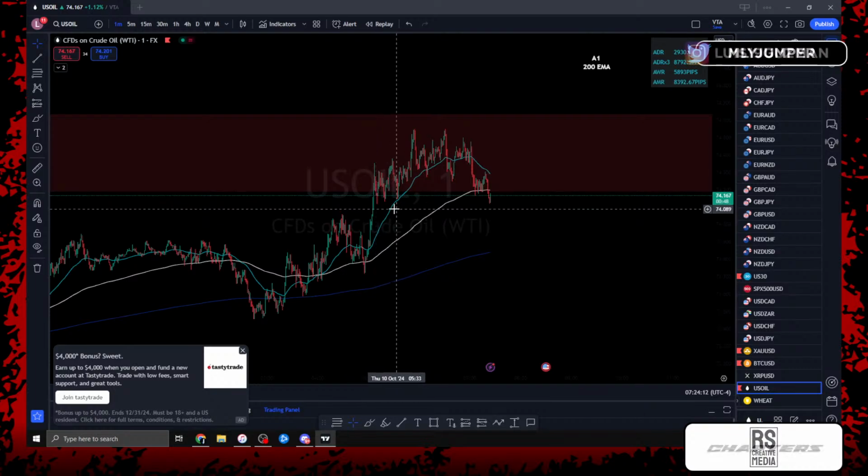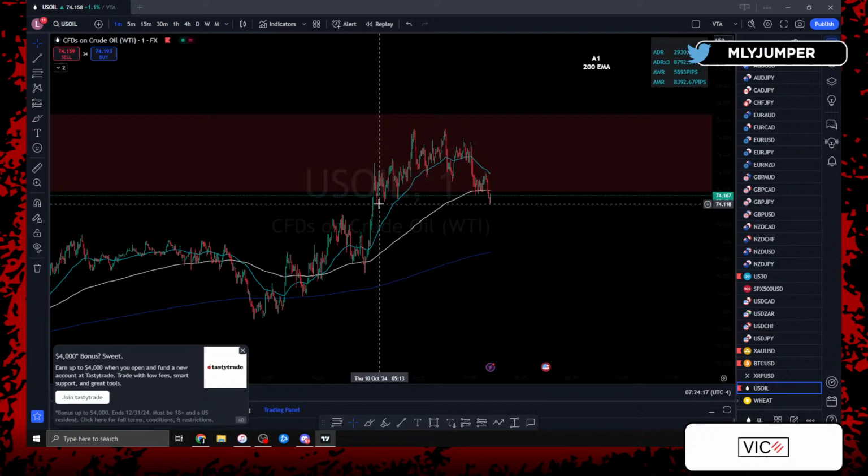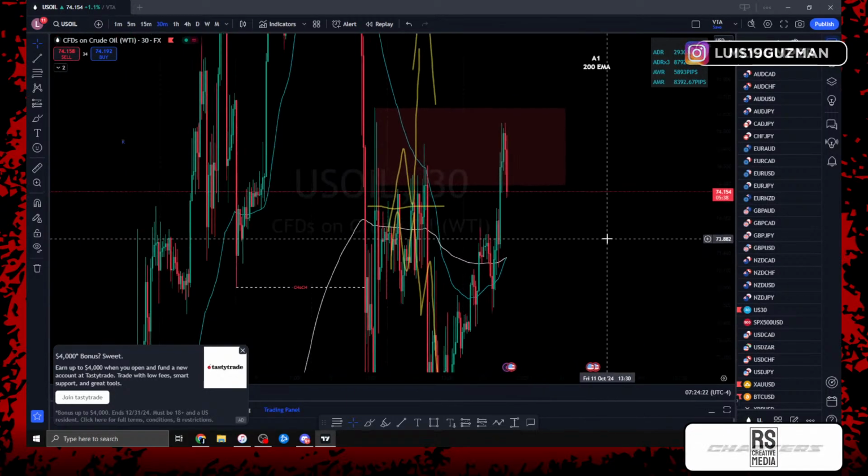And for us to break, even to turn around, we need to see this break in the 1 minute time frame. So notice how even the internal time frame is just messing up the external.